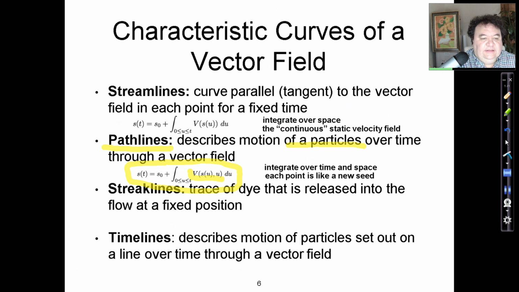So this is in a way more realistic in terms of thinking about releasing a particle in a flow and then letting the particle evolve and keeping track of the trajectory that that particular particle, which we think of calling a seed, would take over time.